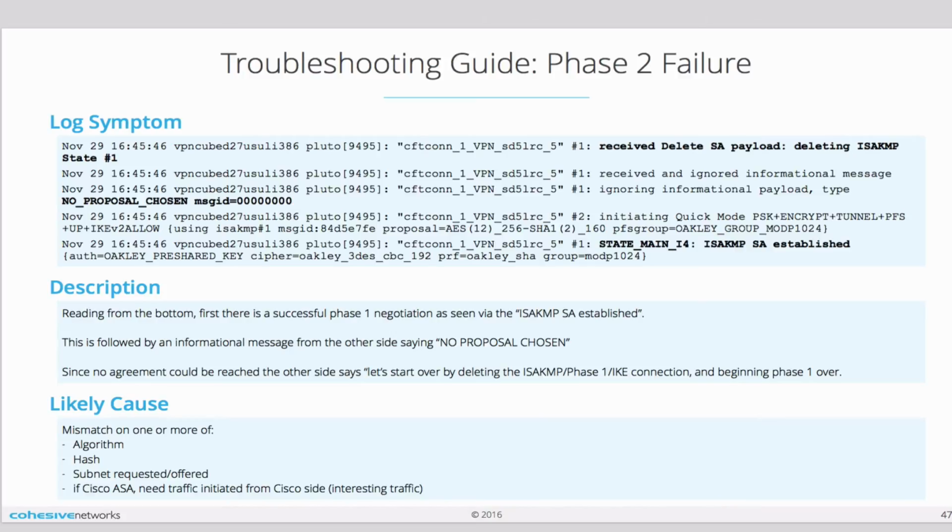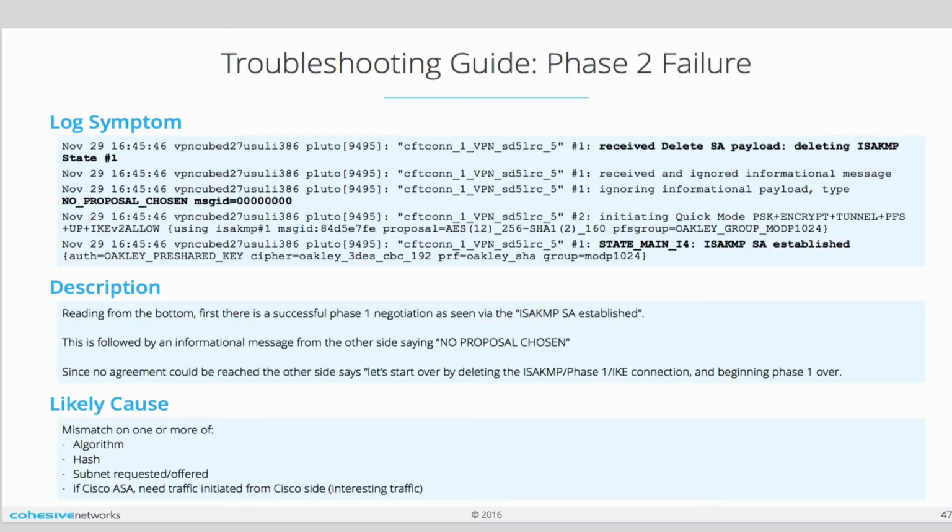Phase two failure is similar. The no proposal chosen is going to be a number of things. So we see that the phase one negotiation was successful, but then we immediately get a delete SA.